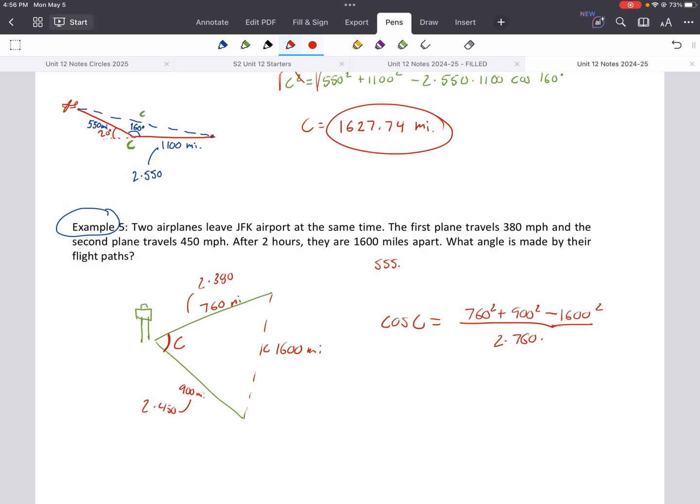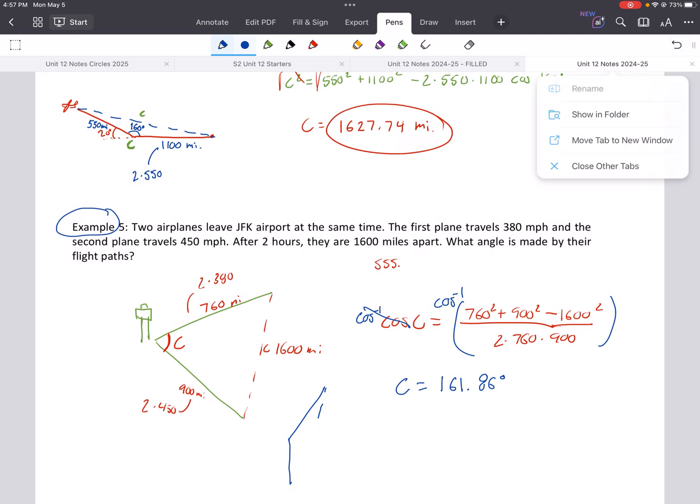So 760 and 900. And then if we want to get angle C, we'd need to do cosine inverse on both sides. So if we take that and put that into our calculator, I think we end up getting 161.86 degrees. Okay, so maybe my drawing needs to be more like this, something a little further away, but I think that's pretty good.